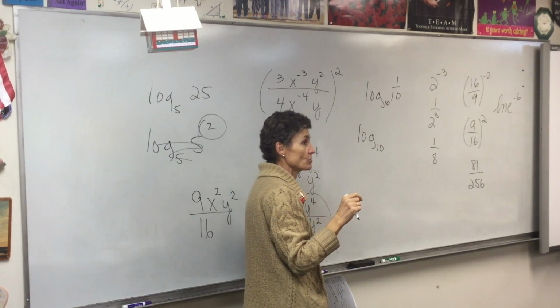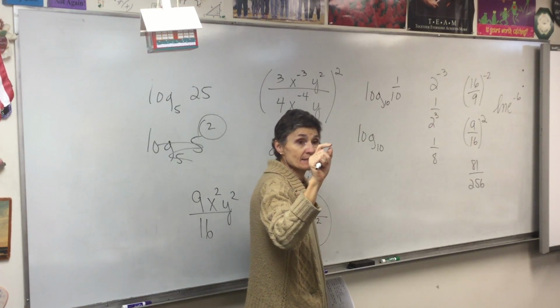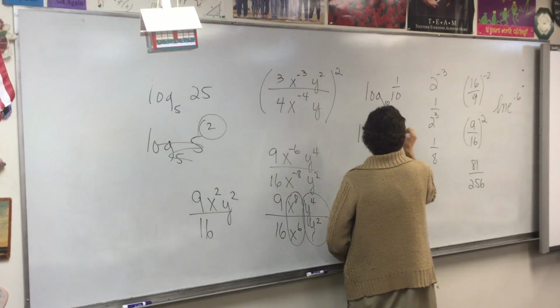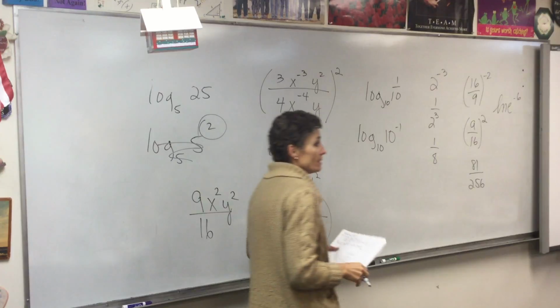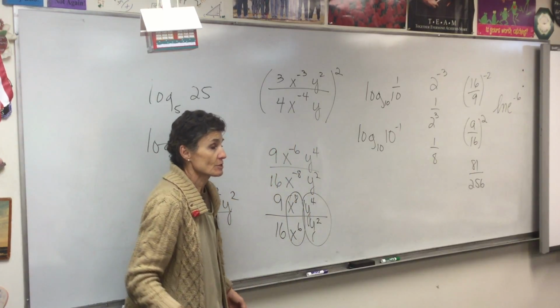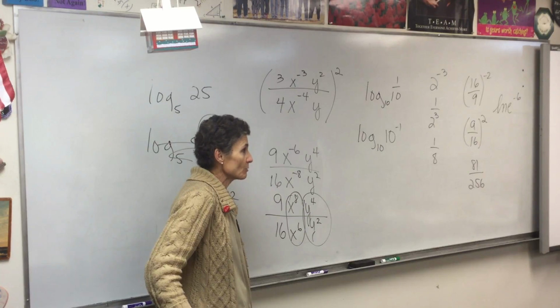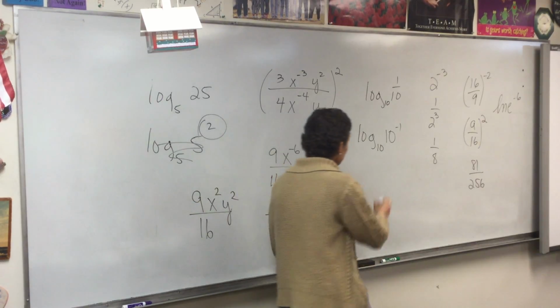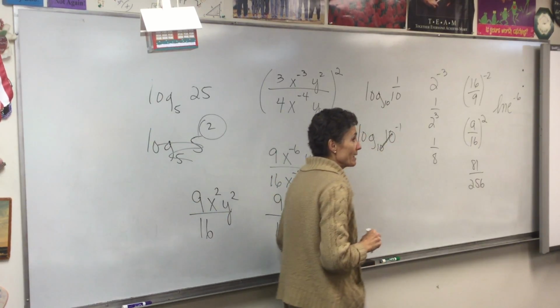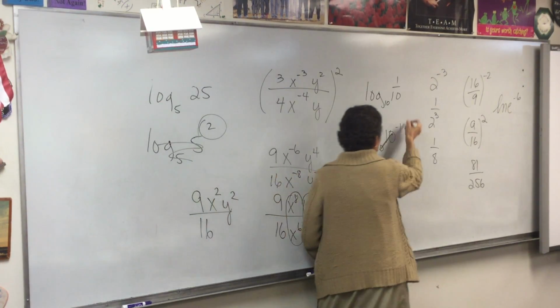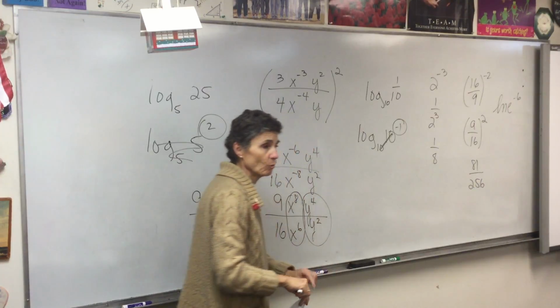I could write it as 10 to the what? Negative first. What's 10 to the negative first? 1 over 10. And why do I need to go the other way? Because I need these two numbers to match. When they match, they cancel, and the answer will be negative 1.